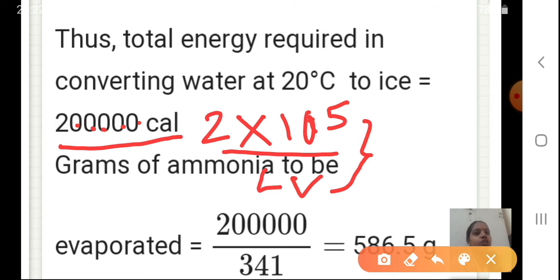So Q1, Q2, then I found the total energy, and then calculated the grams of ammonia: total energy divided by LV, the latent heat of vaporization of ammonia, 341. Students, I hope now the sum is clear.